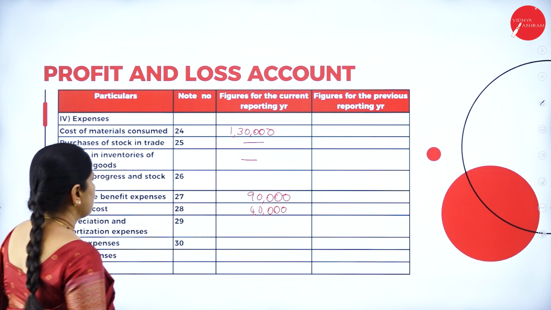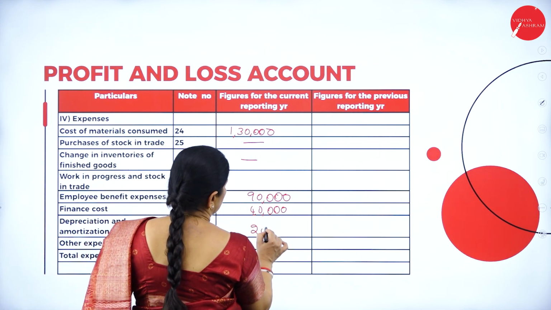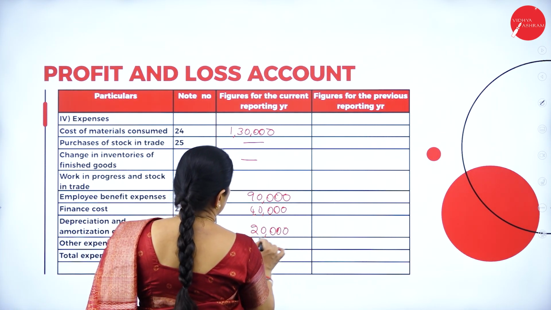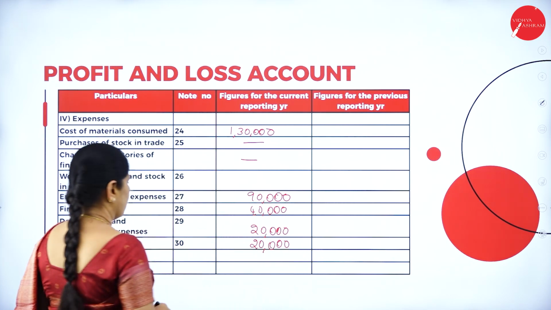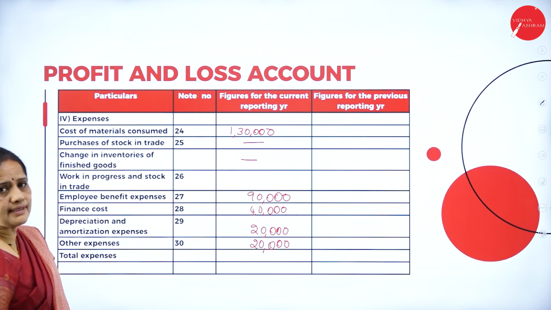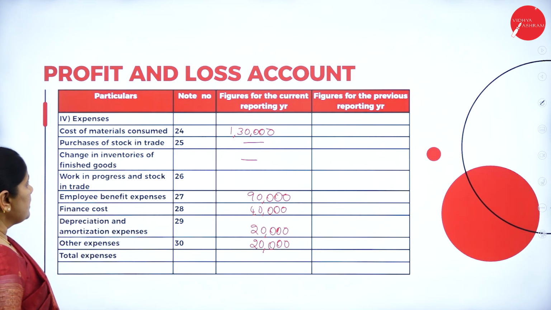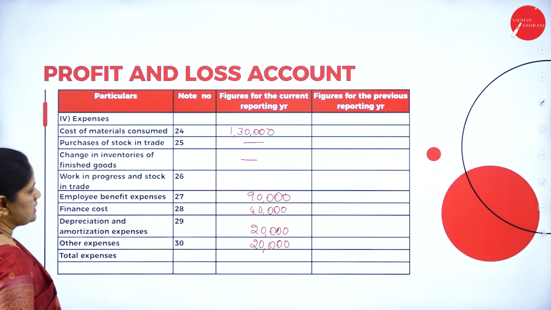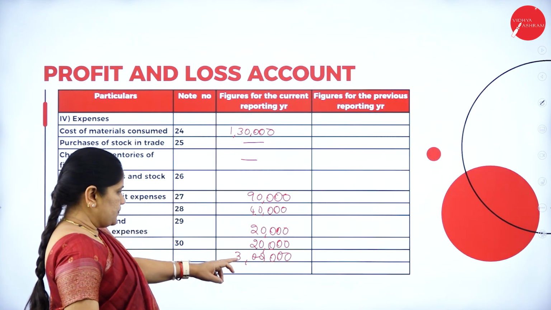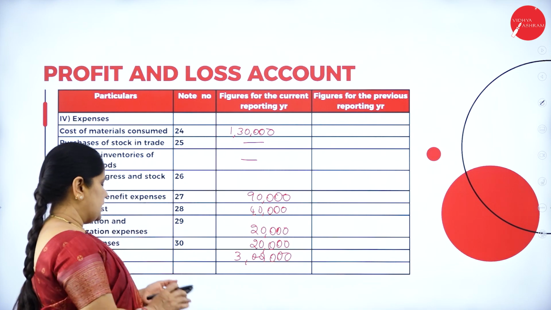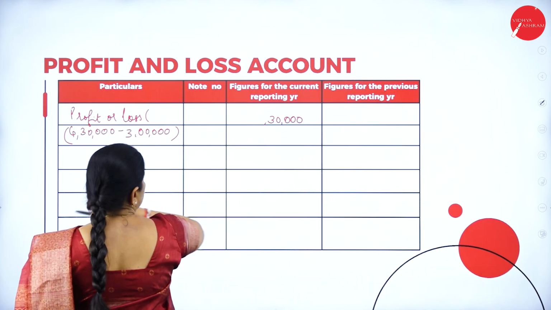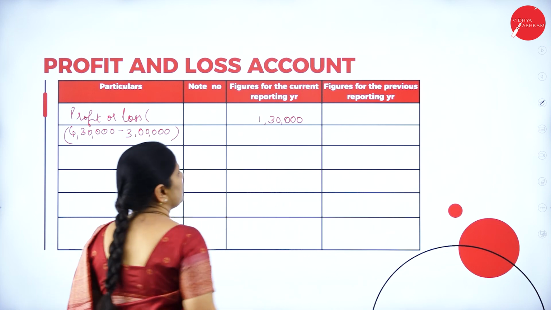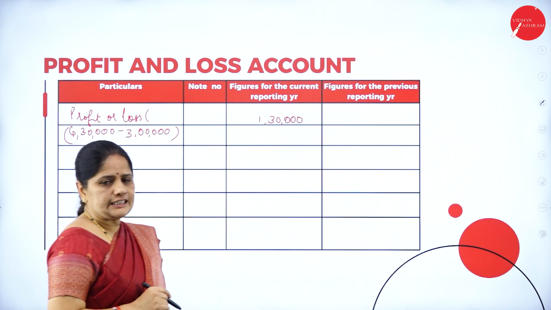So altogether we have to just add up all this. So we will get the total expenses. When we add all this, we get the total expenses as 3 lakhs. So from 4,30,000, I am deducting 3 lakhs. I get the profit as 1,30,000.